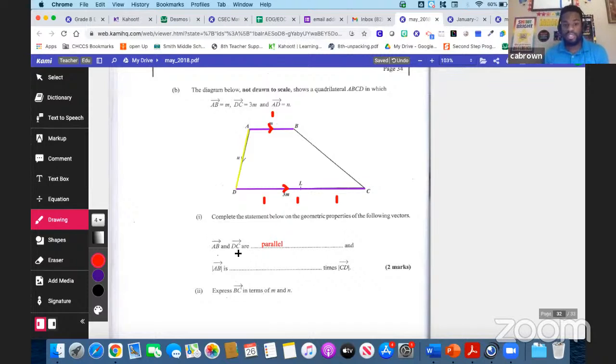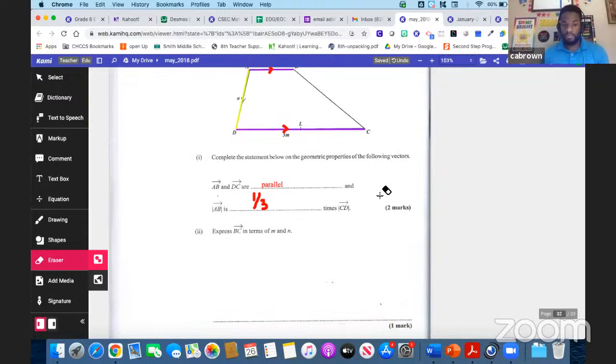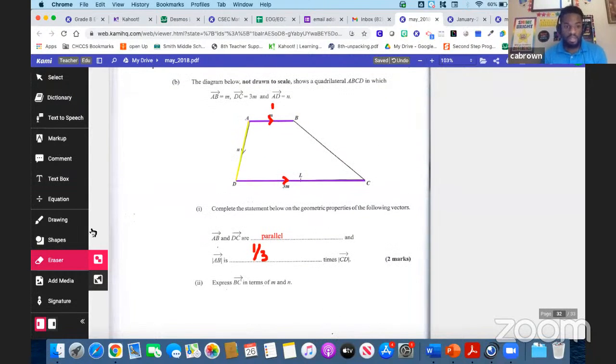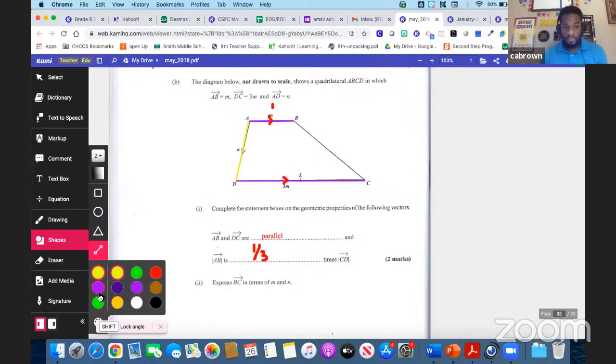What this is saying is that AB is 1/3 the amount of CD. So AB is 1/3 times CD. We can see that right here. AB is smaller than DC. And that's 2 marks. We're then asked to express BC in terms of m and n. Where is BC? All right, BC is right here.